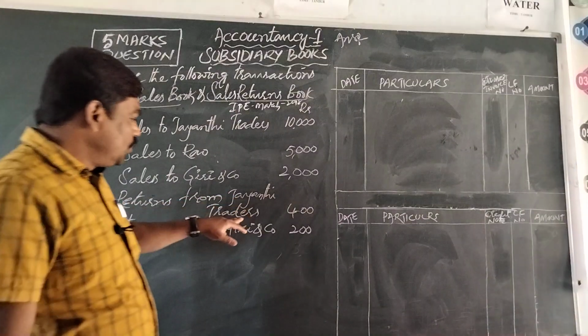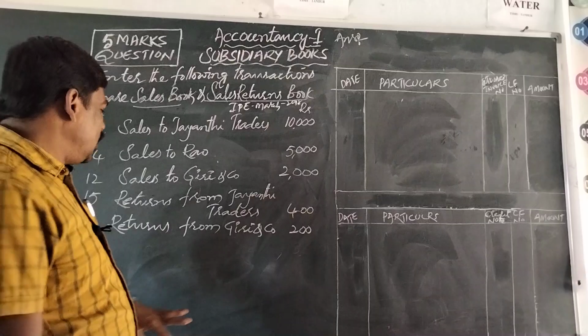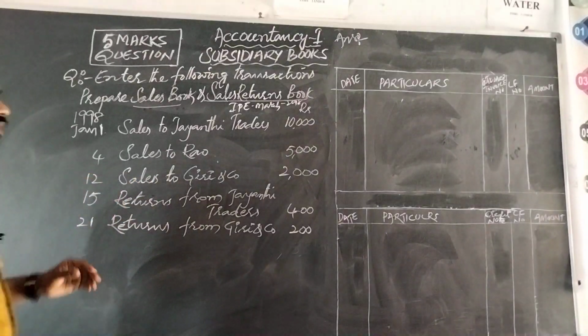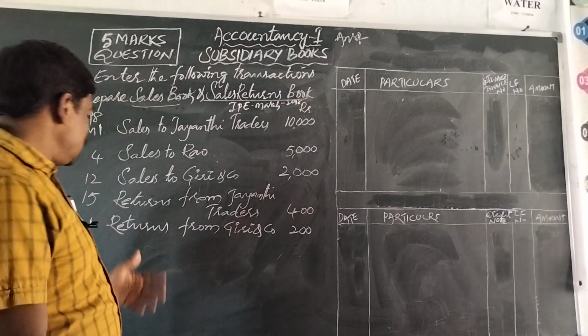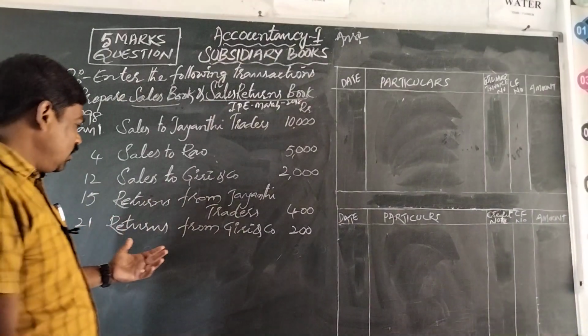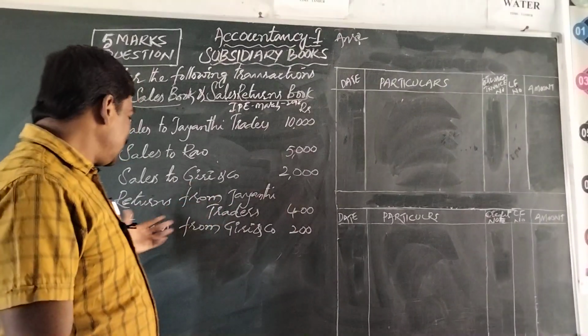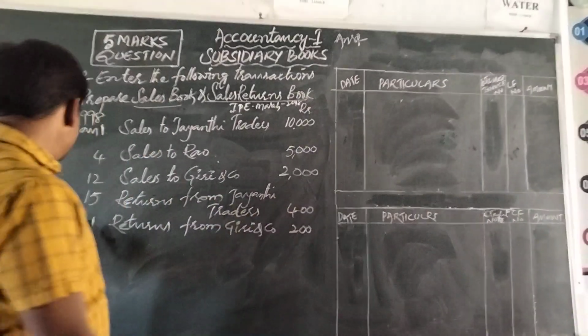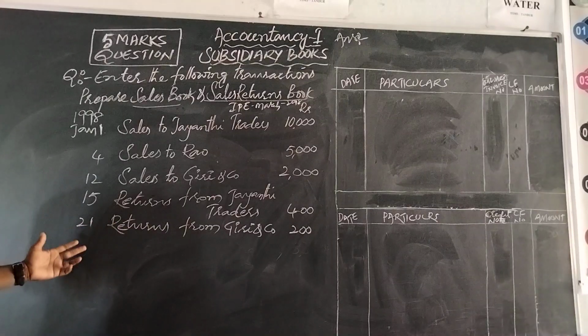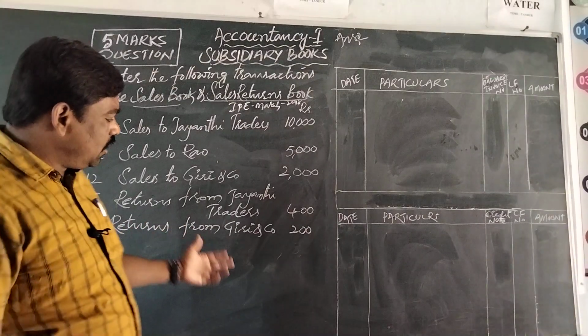And come to 15th January, returns from Jayanti Traders rupees 400. On another day we sold goods to Jayanti and Traders, and now we are getting some goods back in the form of returns, that is sales returns. Similarly on 21st January, returns from Giri and Company.